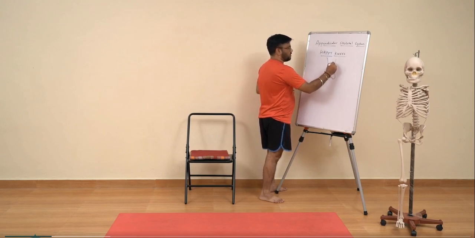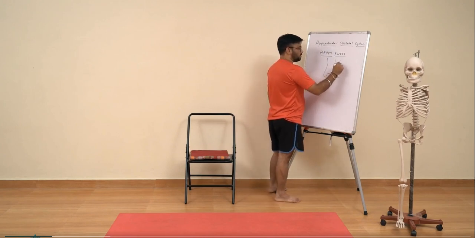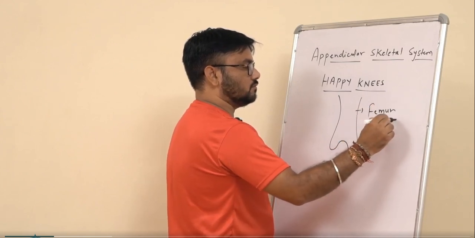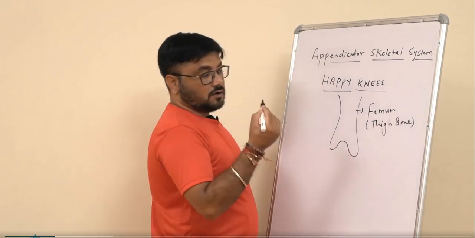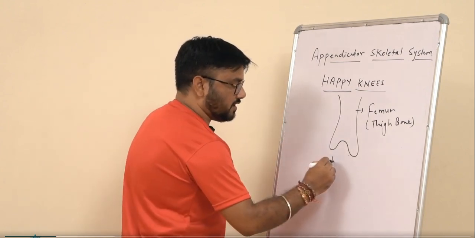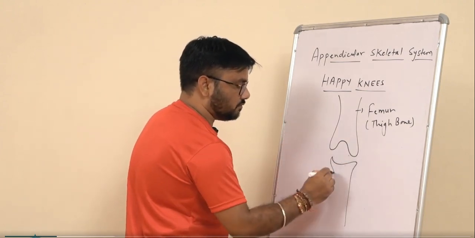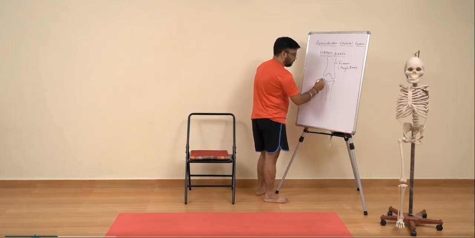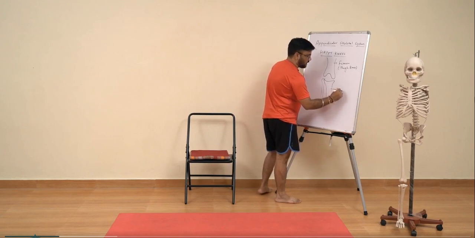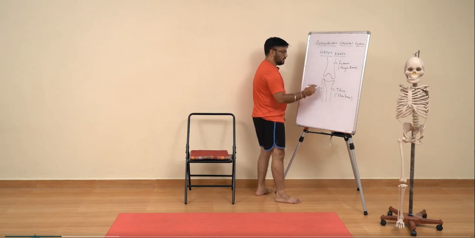The lower part of the femur, that is your thigh bone, the longest bone in the body. Then we have the tibia that we call the shin bone, and the fibula. The tibia is in the center, the shin bone, and the fibula on this side.